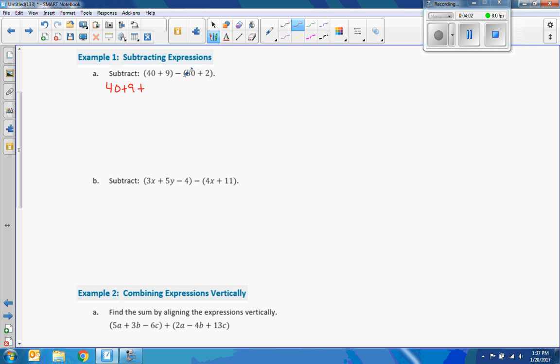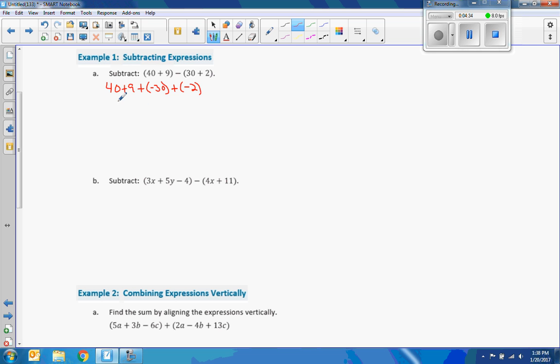Plus, because I want to change that to plus, but that's going to make this a negative 30. And then I'm going to plus a negative 2. That's minus 30, which is plus a negative 30, and then if I distribute that, minus a positive 2 is the same as plus a negative 2. So we have 40 plus 9 plus a negative 30 plus a negative 2, changing this all to addition.